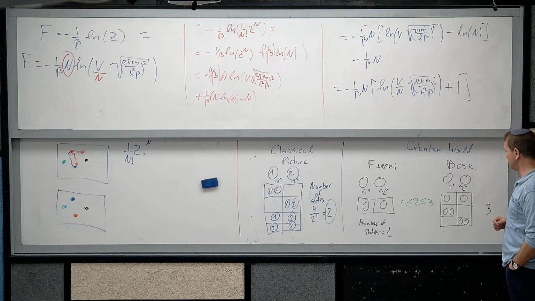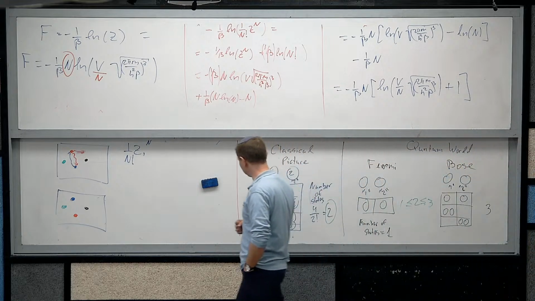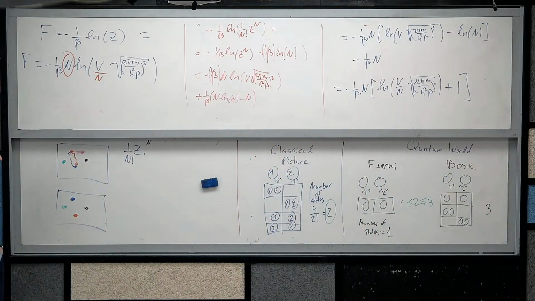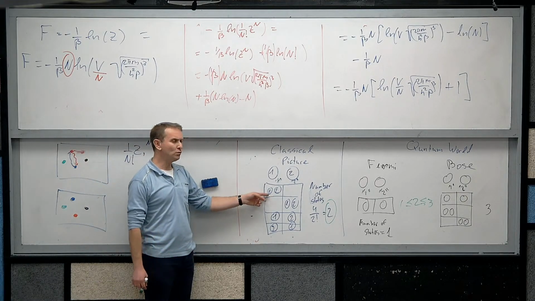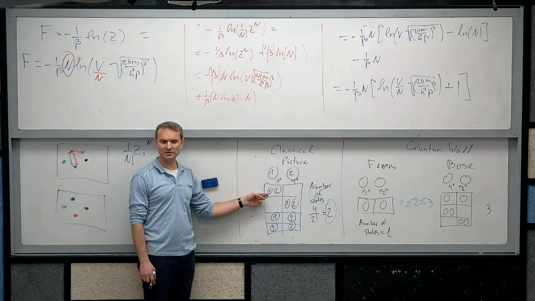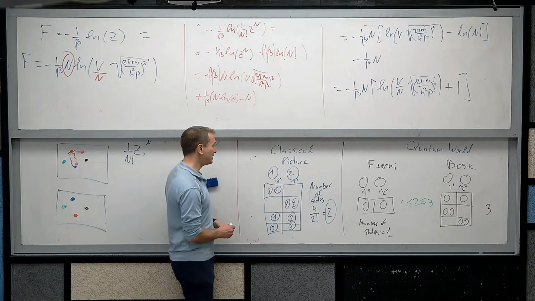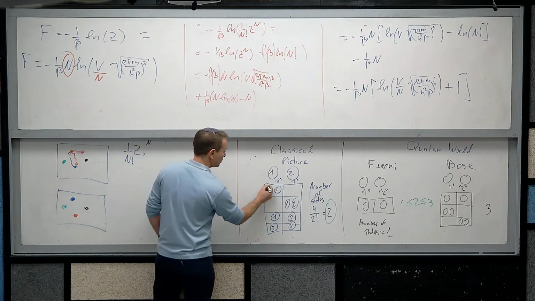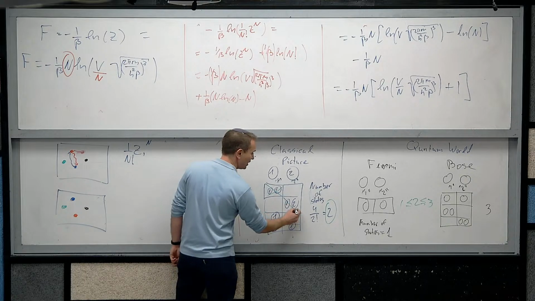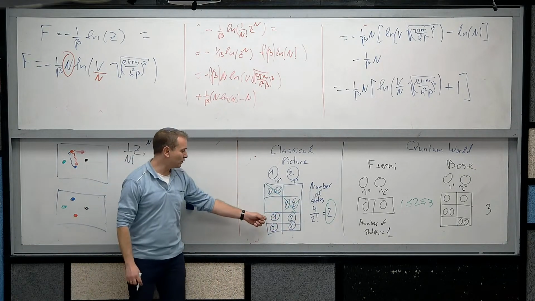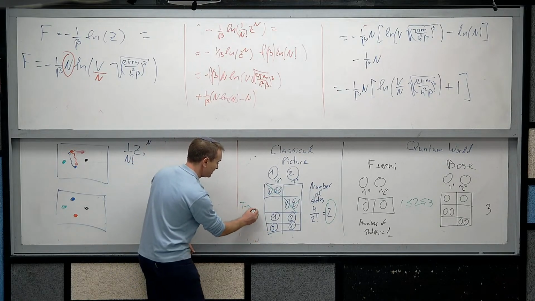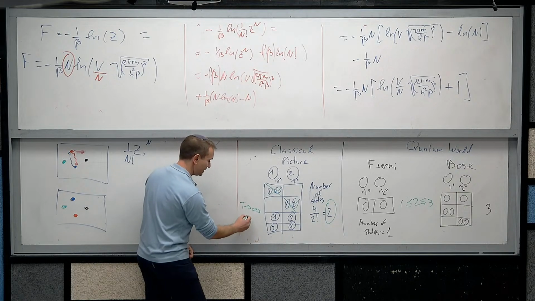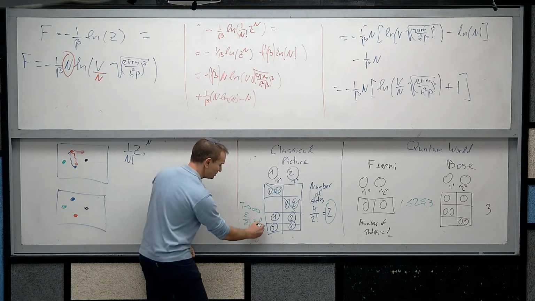For high enough temperatures, the probability that two particles are sitting in exactly the same state is negligible. So for high temperatures, we don't have those states; we only have 1 and 2, and 2 and 1. So for high T, the number of states is 2 divided by 2 factorial, which is 1.